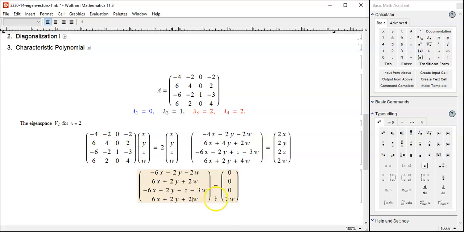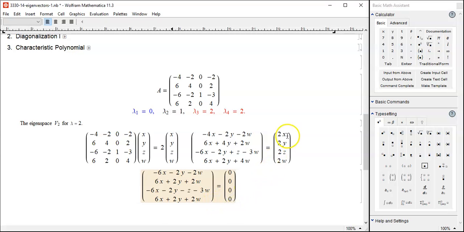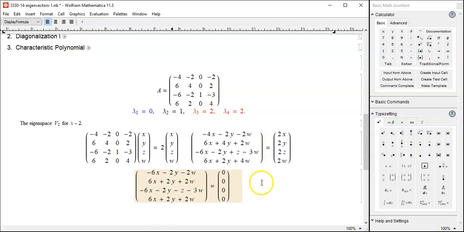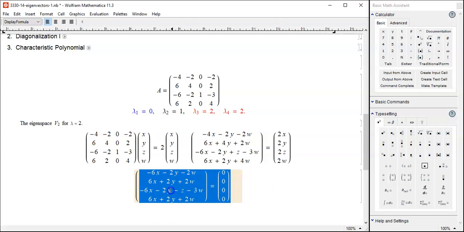Subtract. So what did I do here? I subtracted the right hand side from the left hand side: subtract 2x, 2y, 2z, and 2w respectively from the first, second, third, and fourth row. No problem there. And then some further simplification.